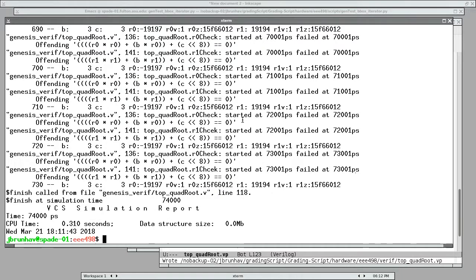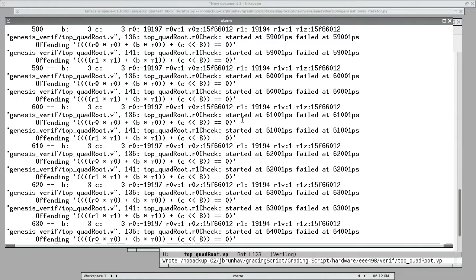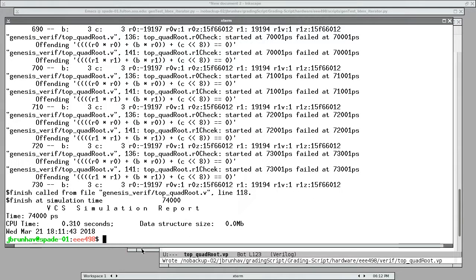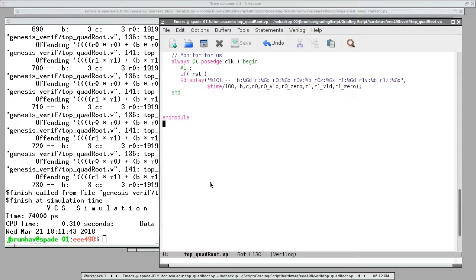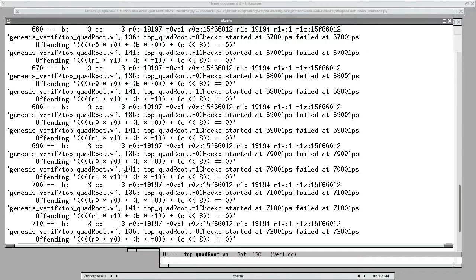Yeah, so I appear to, so let's check. Is it different between 2, 2 and 3? 3.